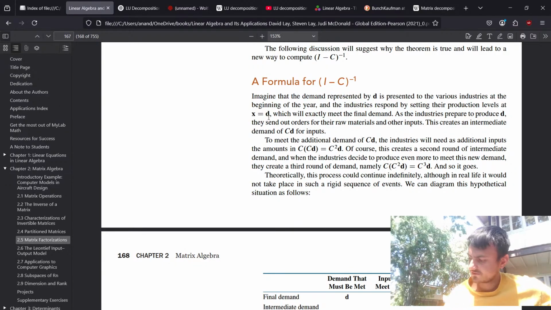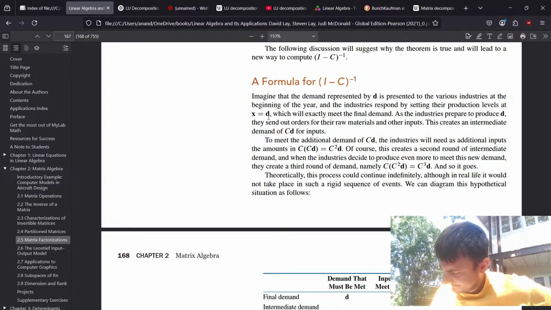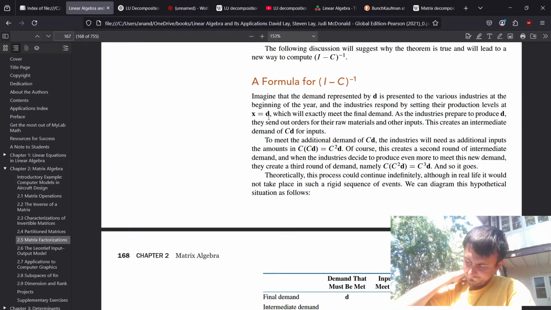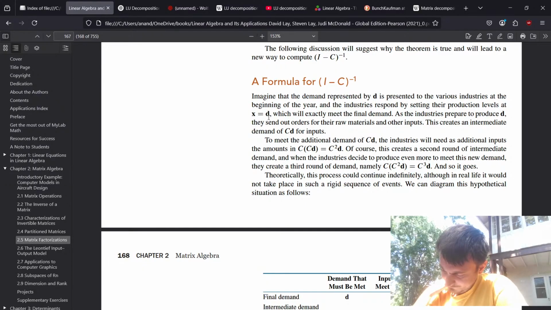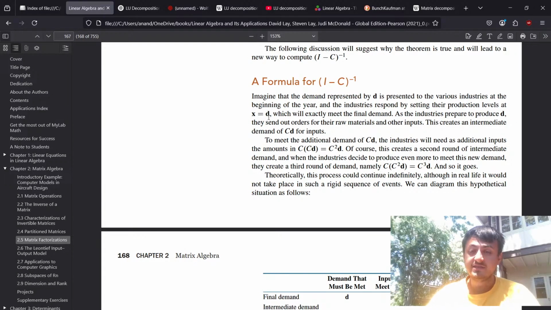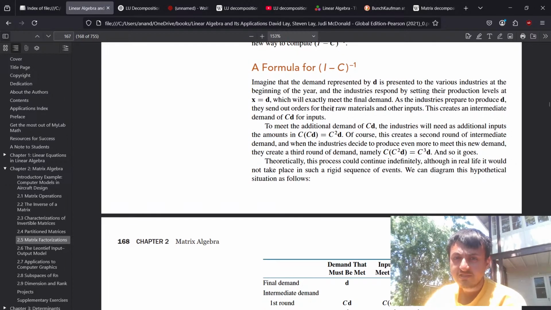I don't know if that's actually true. It could also be that CX equals 0. Yeah, well, okay, I think CX would have to equal 0.